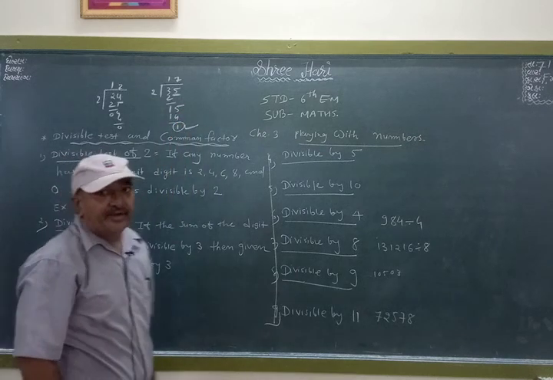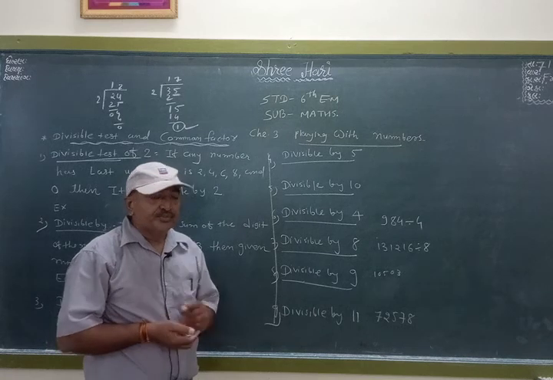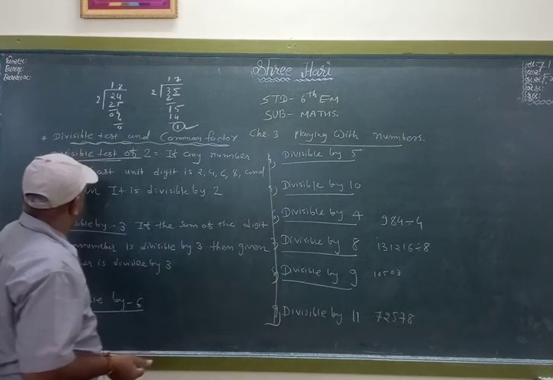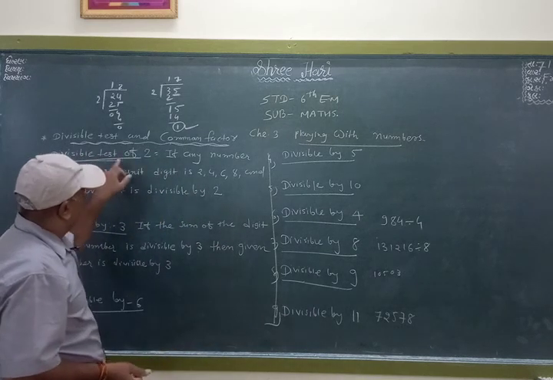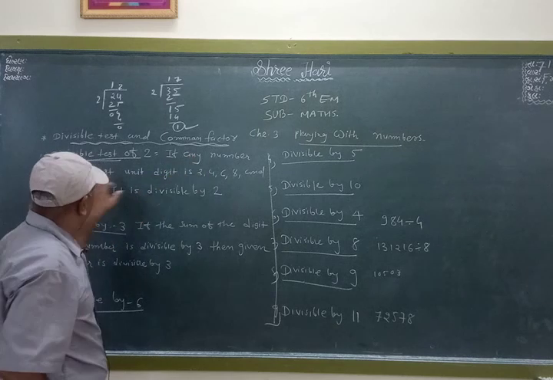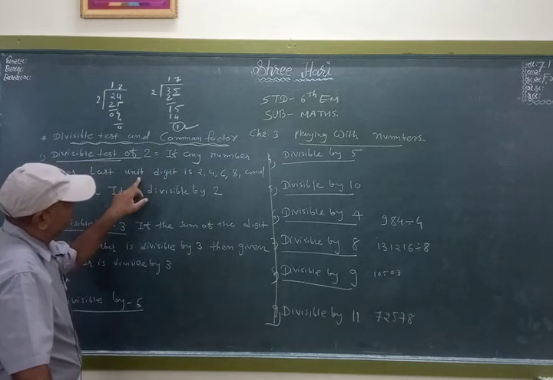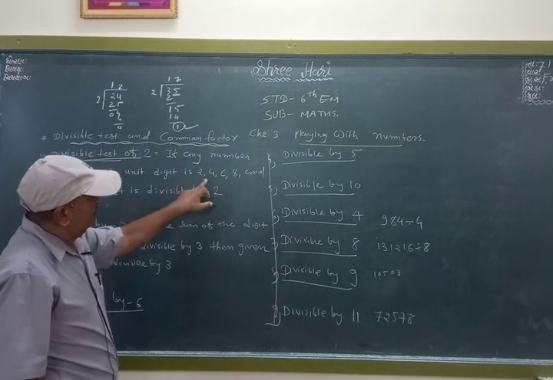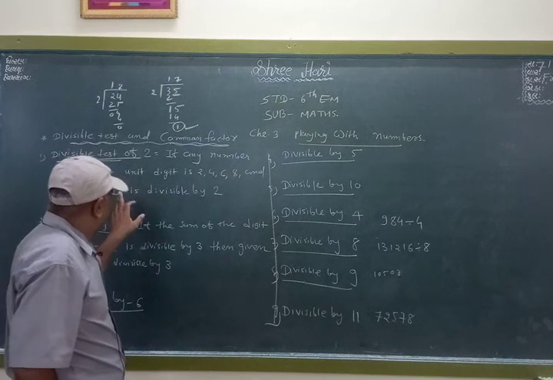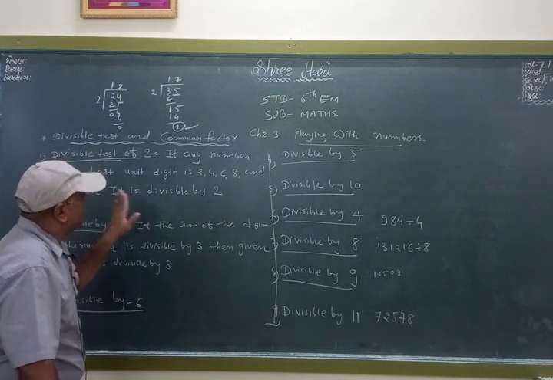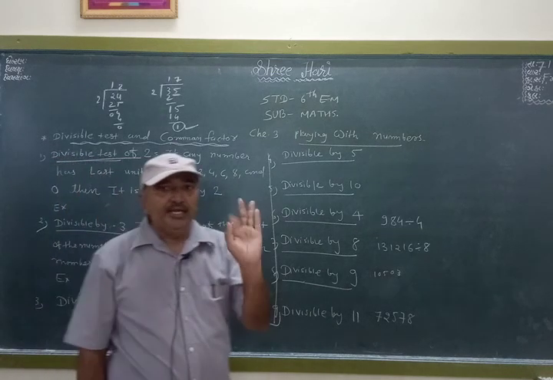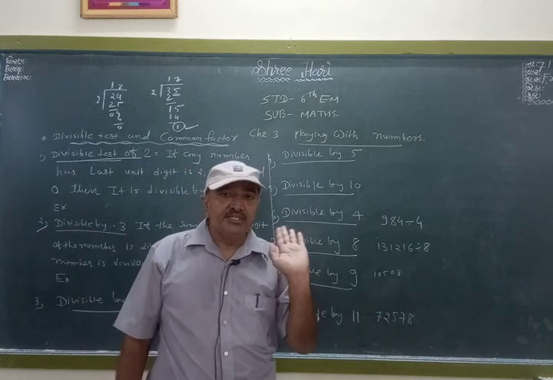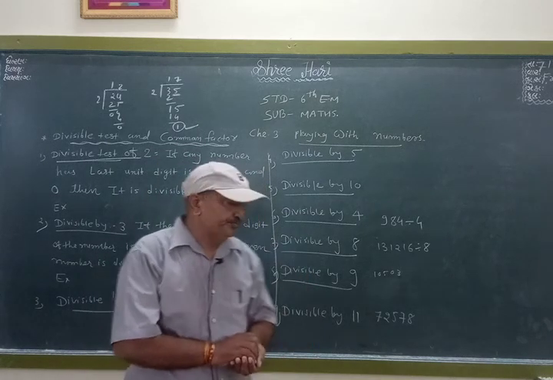So we can't divide it with remainder 0. So the divisible test of 2 is: if any number has last unit digit 2, 4, 6, 8 or 0, then we can divide this number by 2.